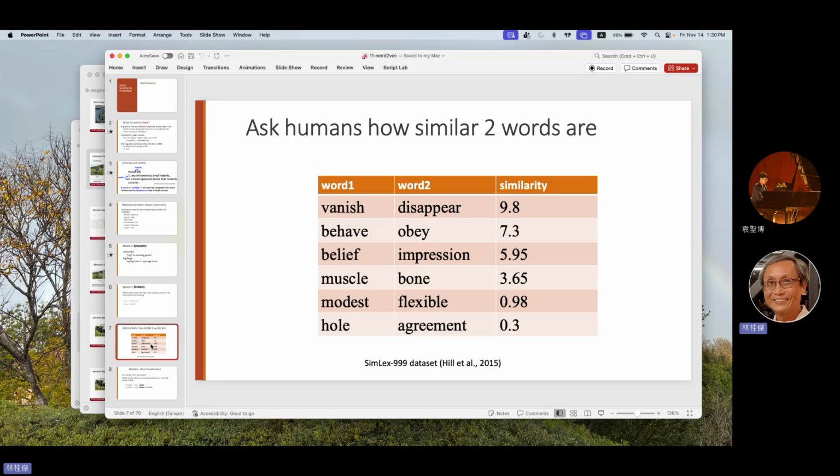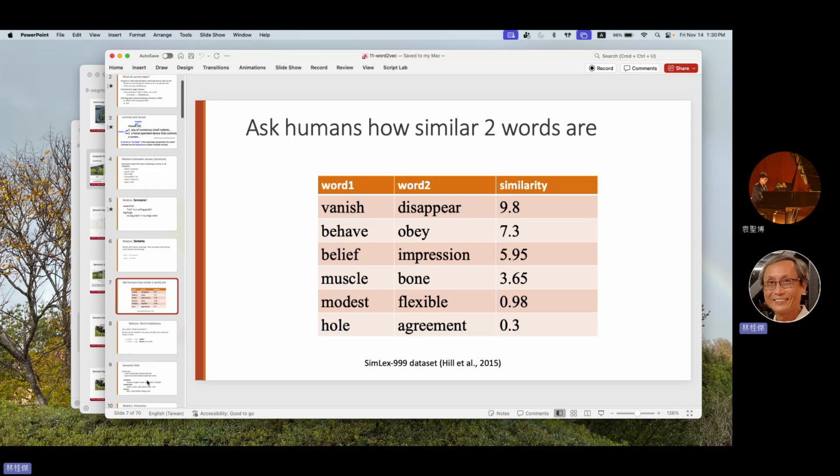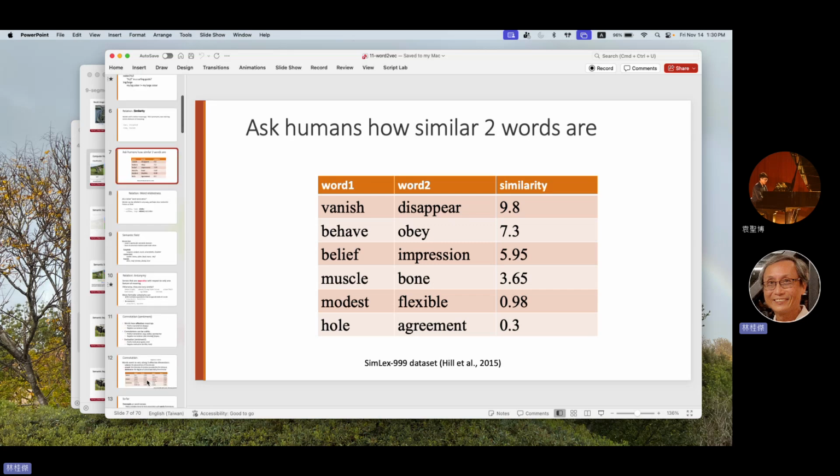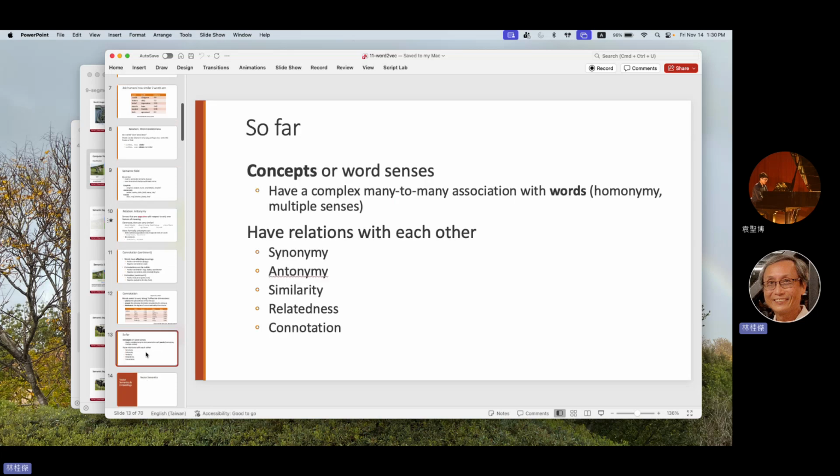So to understand the meaning of each word, to be able to have the semantics of the word, is going to be very important for natural language processing. And last time we introduced different concepts that people have used to describe the relationship between words.